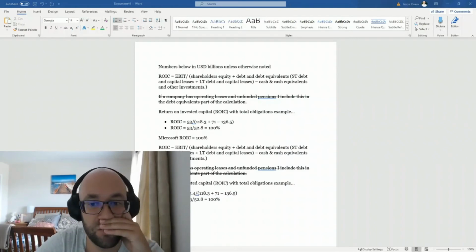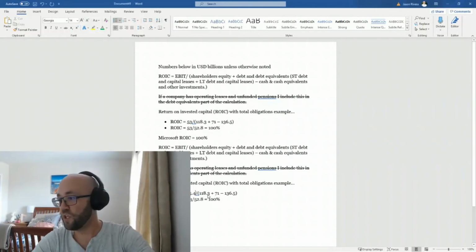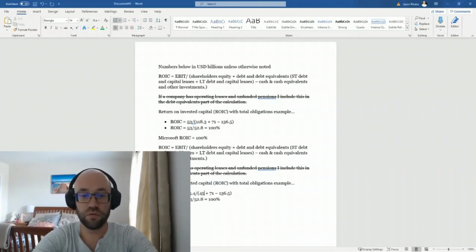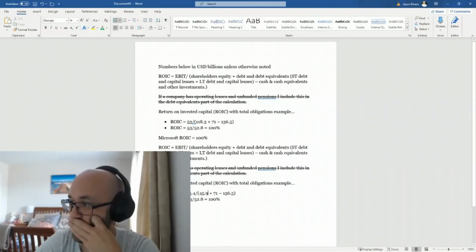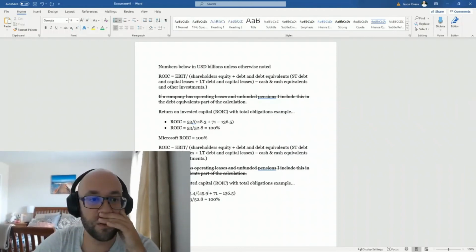Shareholders' equity, $45.9, plus short and long-term debt. So this time I'll actually write it out, the whole thing.